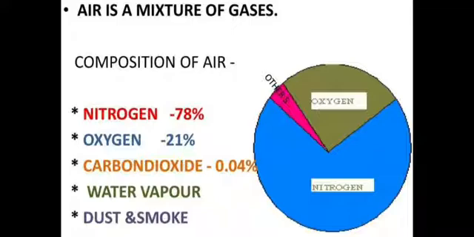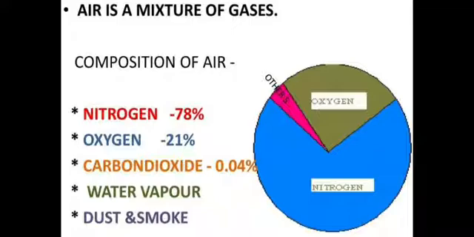I hope you would have learnt about the different layers of atmosphere in your geography. Each layer will have different components of air in abundance. On the whole, air is a mixture of gases like nitrogen, oxygen, carbon dioxide, water vapor, dust and smoke.